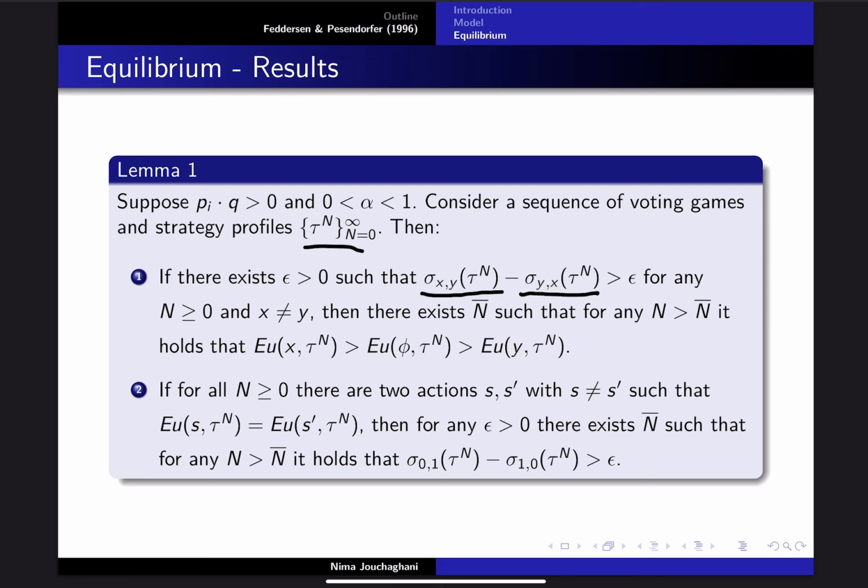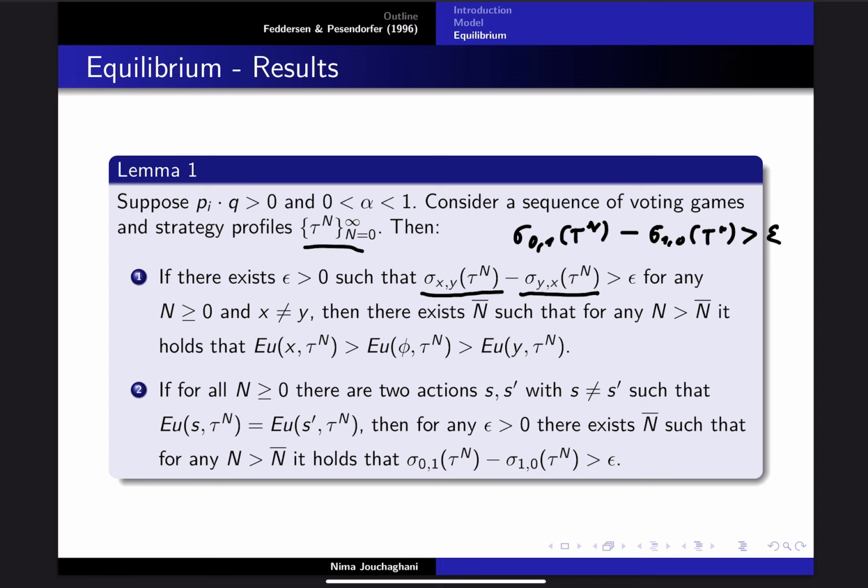So basically it means that if we have either of the two situations, so if sigma 0,1 of tau n minus sigma 1,0 of tau n is strictly larger than epsilon.